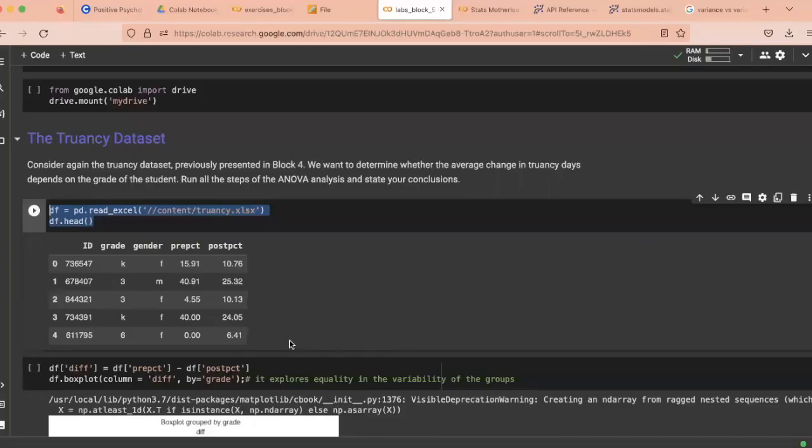So next up, again, we've seen this before, although I don't understand necessarily why I think this might be wrong, because usually for the truancy one, we used to do post percentage minus pre percentage.